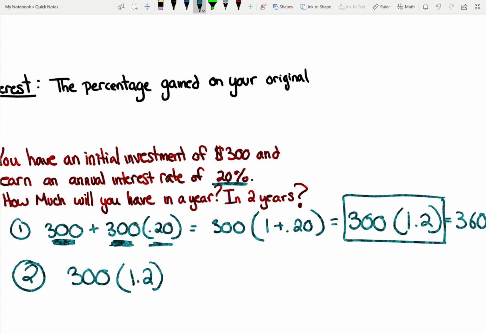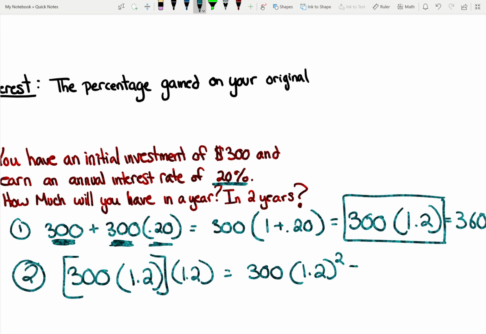But guess what? I'm going to hold this entire amount in the bank for another year. So that means I'm going to just multiply this whole thing again by 1.2. So this is actually equal to 300 times 1.2 squared.